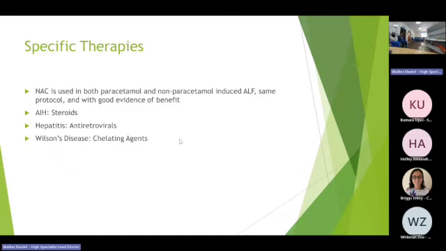And then Wilson's disease, chelating agents like penicillamine. They're your specific therapies, so it would depend on the underlying cause. Obviously, in pre-eclampsia or HELLP, delivery of the fetus some way or another is the specific therapy.